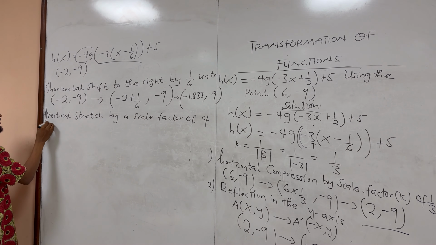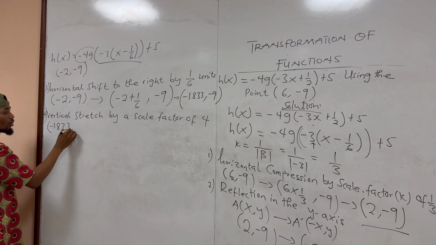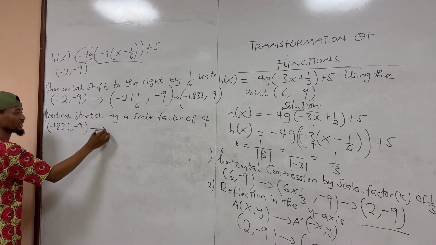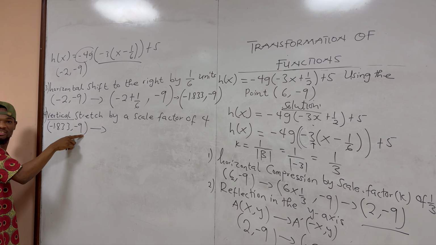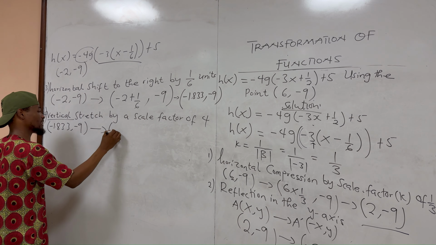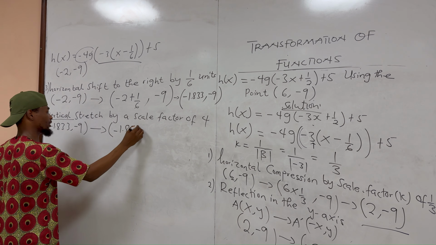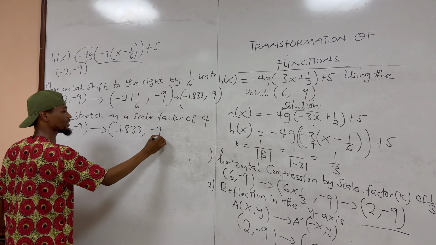Okay. So the coordinates were negative 1.833, negative 9. Then, because it has to be vertical, we are going to consider the y and maintain the horizontal, like x. I have negative 1.833, and I have negative 9.